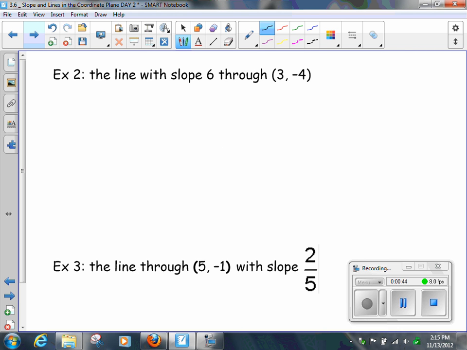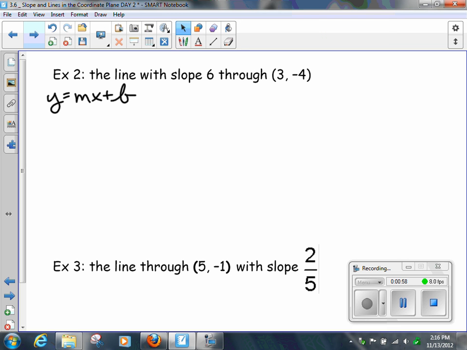Let's move on. It says slope of 6 through 3, -4. Where do we start? Y equals mx plus b. Kevin, tell me what to do to this equation. Okay, plug what in?